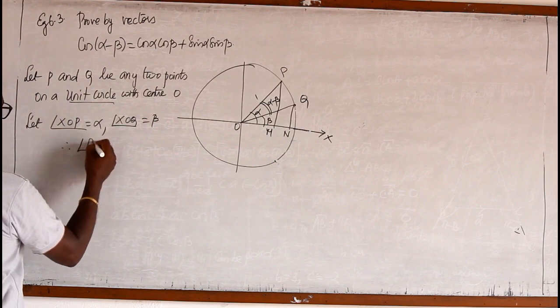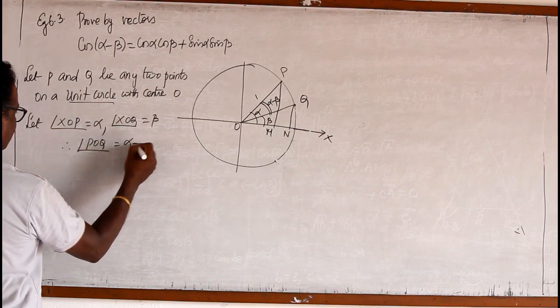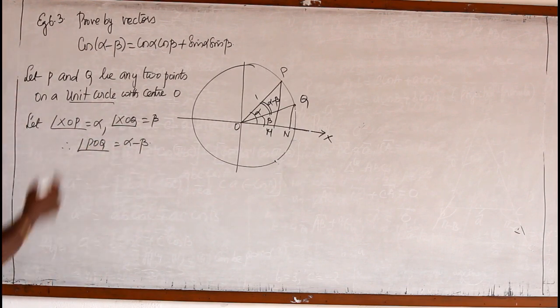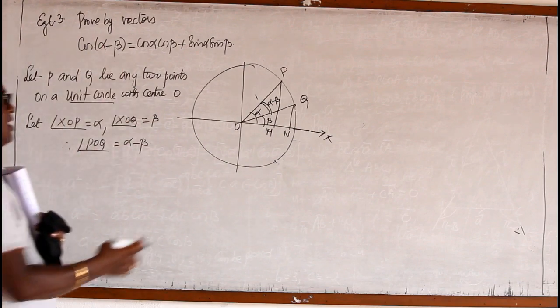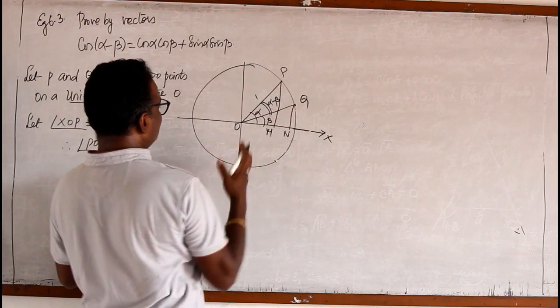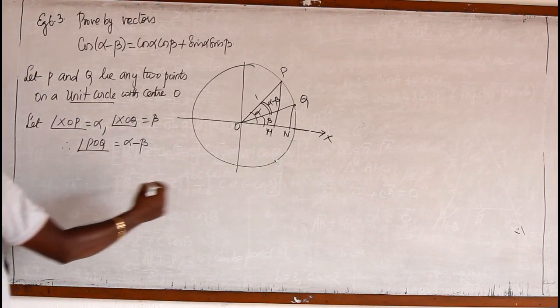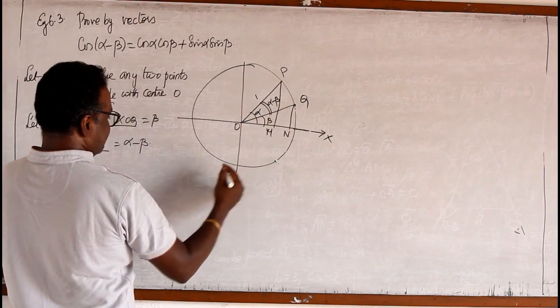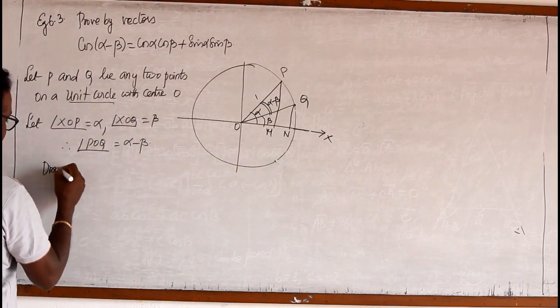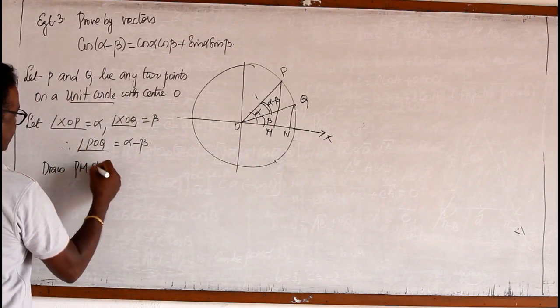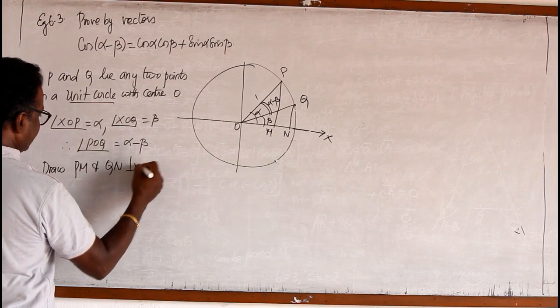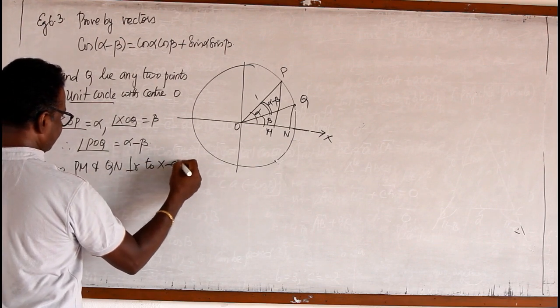Therefore, angle POQ is alpha minus beta. Since I need alpha minus beta, I am taking P and Q both to be in the first quadrant. Now, draw PM and QN perpendicular to the x-axis.